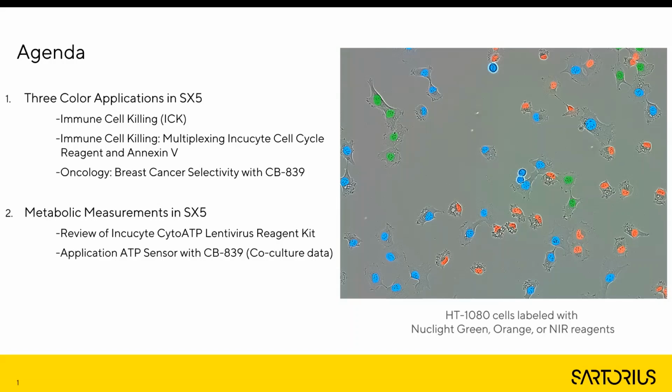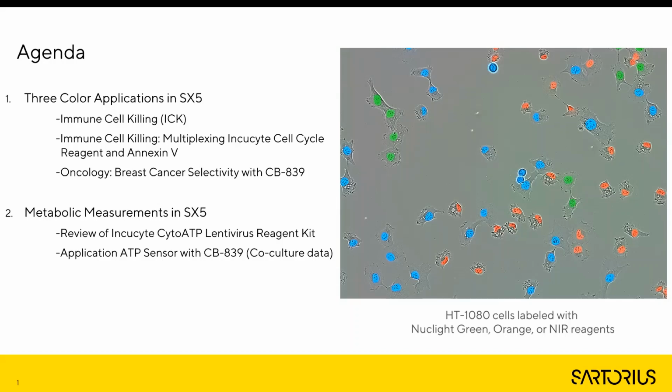I will first be talking about three new 3-color applications that we have developed for the SX5 using the additional color channels. That is how we add additional colors to our immune cell killing application, multiplexing that with our new cell cycle reagent and an apoptotic marker, and then taking a little bit of a step in a different direction and talking about an oncology application, looking at a breast cancer selective drug called CB839 that's selective for triple negative breast cancer cells.